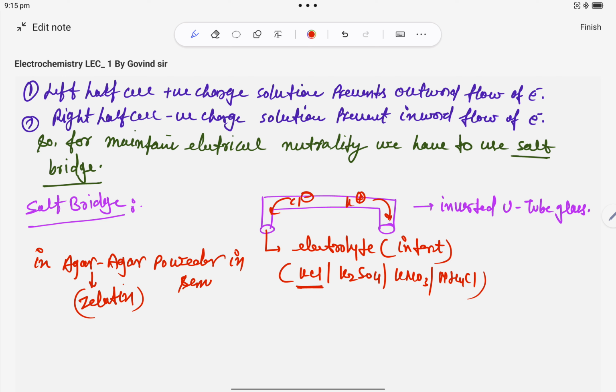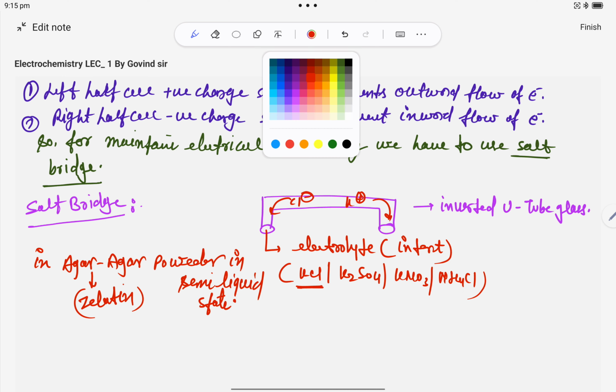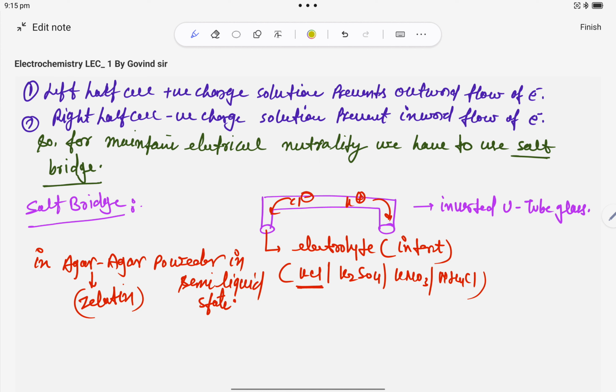Basically, the work of this agar powder or gelatin is to make the solution slippery, so ions can easily come into the solution. That is why this agar powder or gelatin is used.